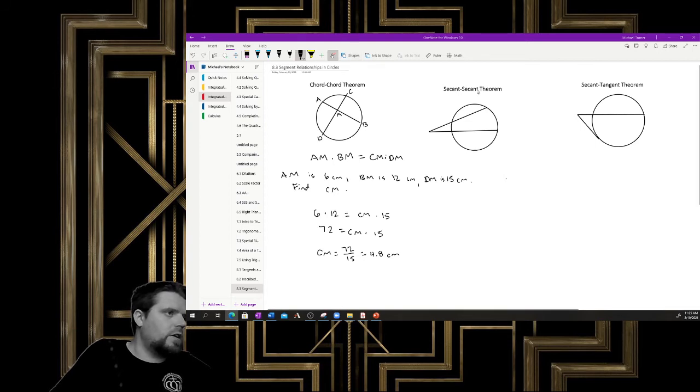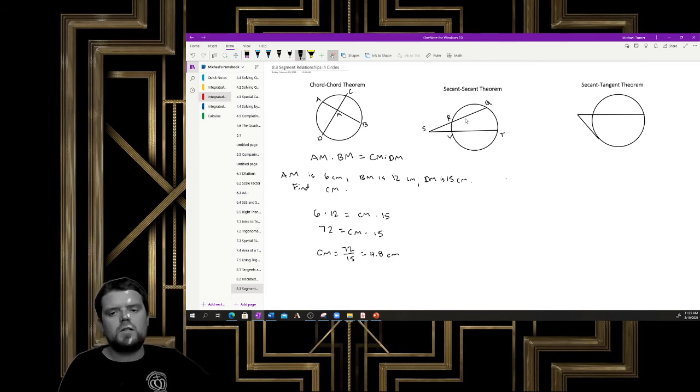So let's call this QRS, and we'll call this TVS. Okay. So with your two secants, rather than finding the product of the two parts equal to the product of the other two parts, here it's a little different.